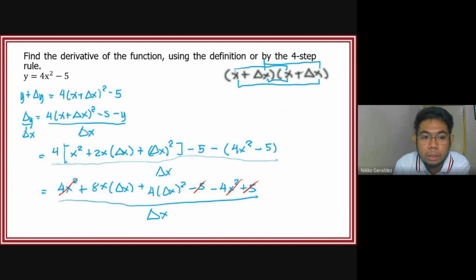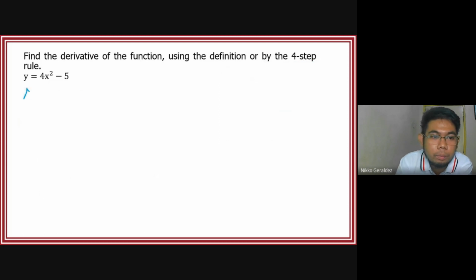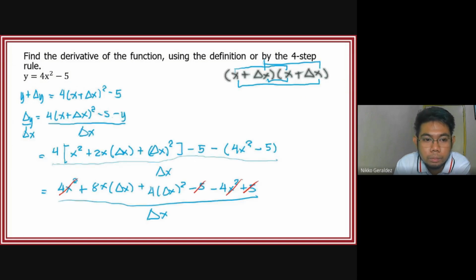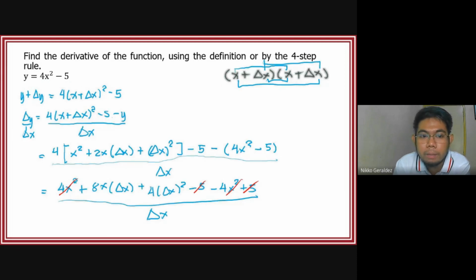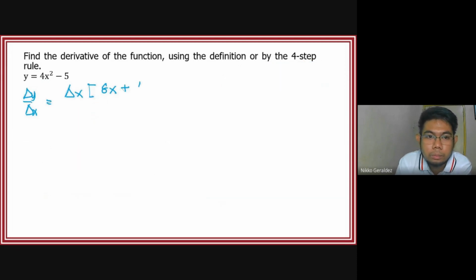Factor out delta x in the numerator: delta x times 8x plus 4 times delta x, over delta x.